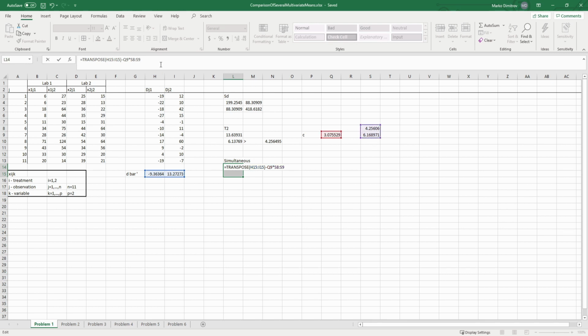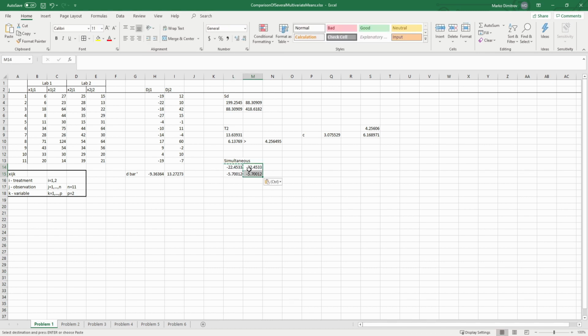So this is how we can get it at once. For the second one we can do the same, but with plus. Let's copy everything and type plus.